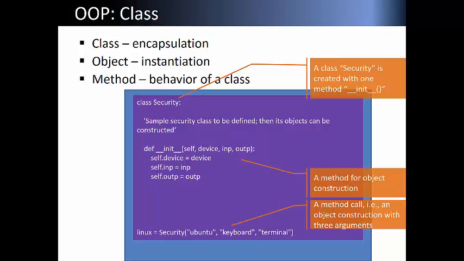So table is the class name. That class tells us the definition about all individual tables, right? Any specific table is nothing but an object. The definition about all kinds of tables is called a class.